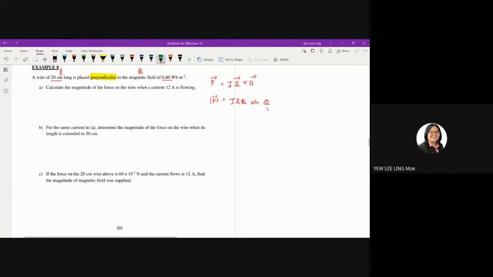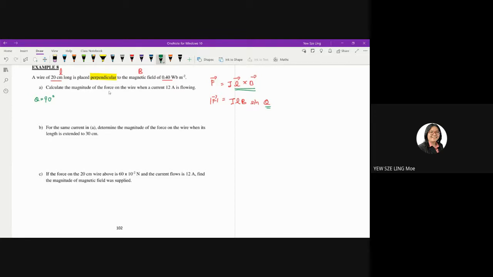Remember, this theta always represents the angle between L and B. L and B are now perpendicular to each other, meaning that in this question the angle given is 90 degrees. So how are we going to solve it?